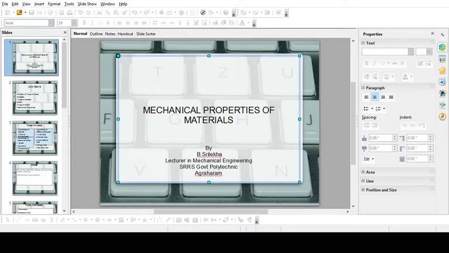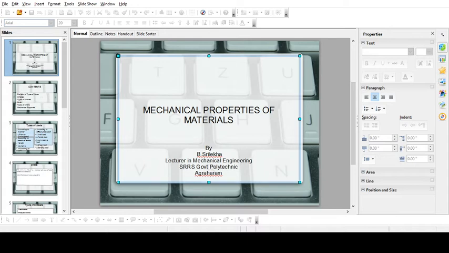Next, resilience. Resilience is nothing but the ability of the material to store energy within the elastic limit, without any permanent deformation. As you know, within the elastic limit the body will regain its shape even though certain loads are applied and stresses are induced.